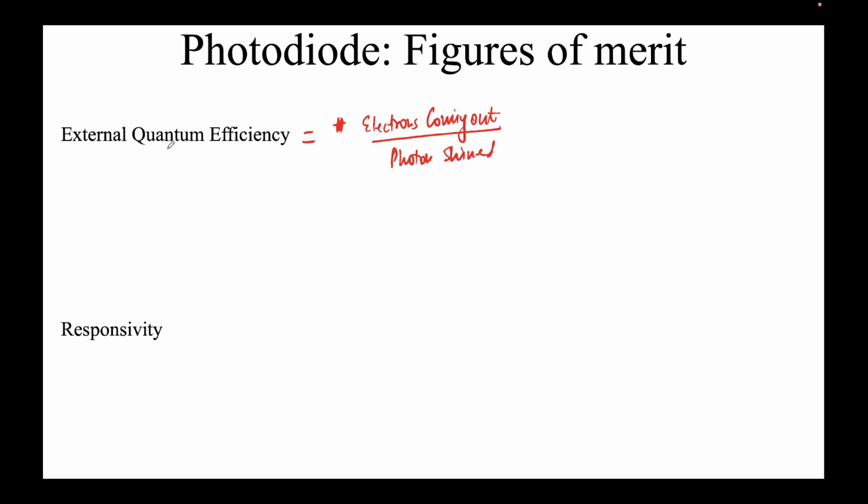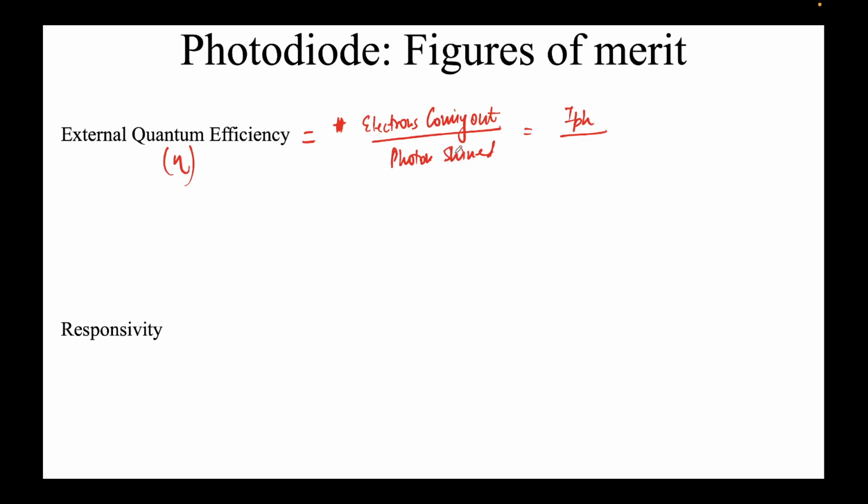This is also written as eta EQE. How are we measuring the electrons coming out? In terms of the current, the photocurrent, divided by the photons that we are shining.